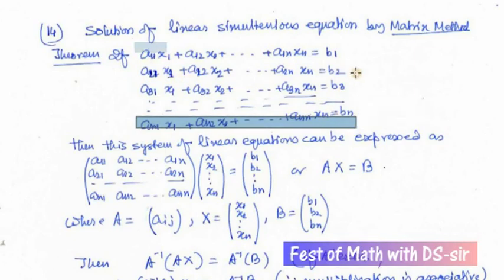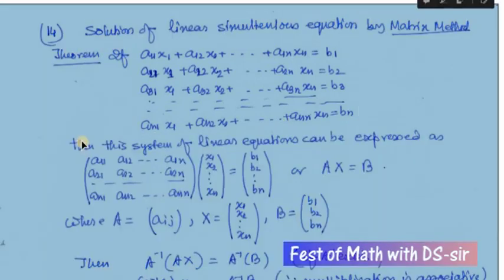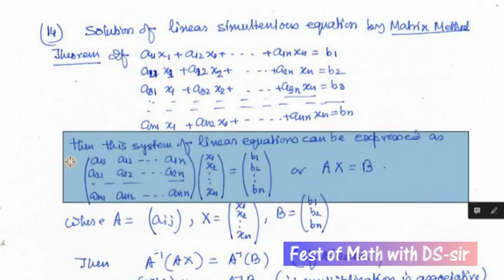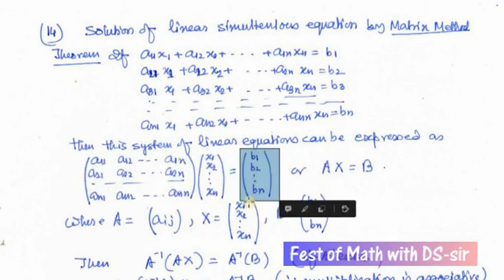So this represents n linear equations with n variables. Now see, the number of equations and number of variables must be equal. Then this system of linear equations can be expressed as the product of these two matrices equal to this matrix.